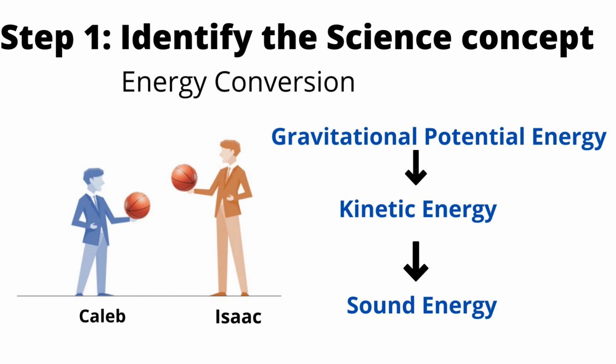Now when the balls are released and dropped to the ground, there is a change in the energy. The forms of energy have been converted. When the two boys were holding the balls with their hands, it doesn't have sound energy, right?